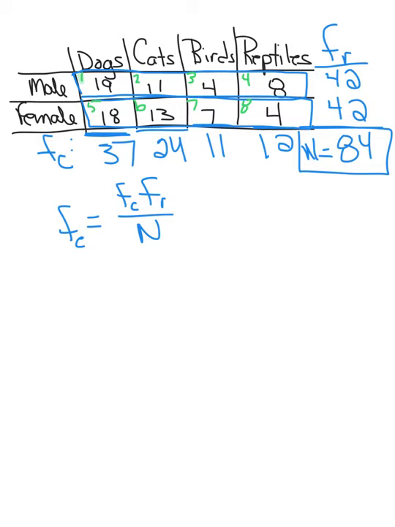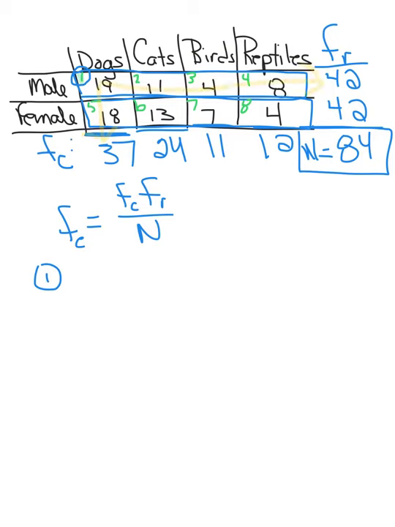What I typically do is go in and calculate each one separately. So I'm going to put here the number 1, for cell number 1. I'm going to look at its column frequency, down here, and then at its row frequency over here.